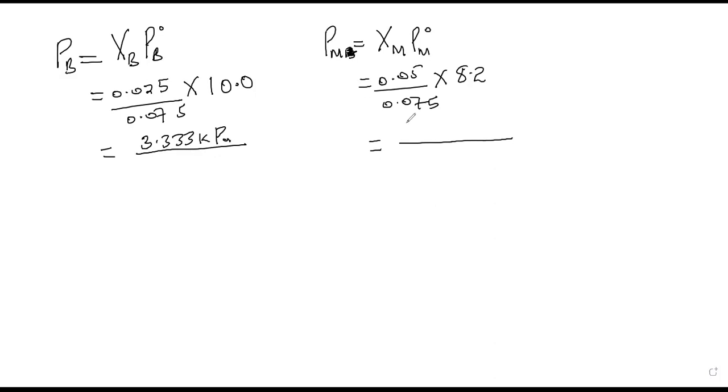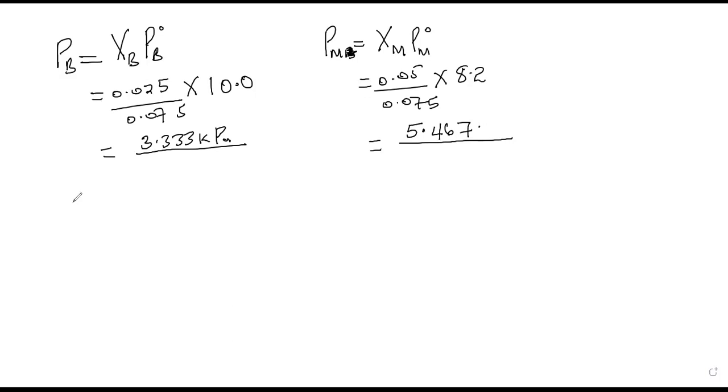Then for this, we have 0.05 times 8.2. We divide by 0.075. So this is going to give you 5.467.